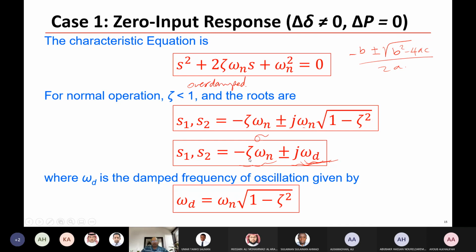So if zeta is positive, the real part of this root is negative, and the roots are on the left hand side. This is zeta greater than 0. And the system here becomes stable, and the oscillation becomes a damped oscillation.